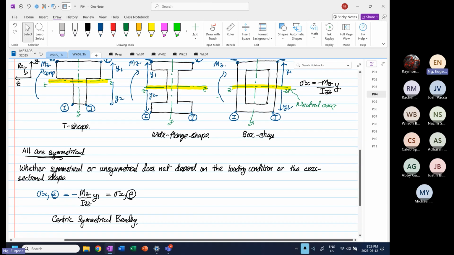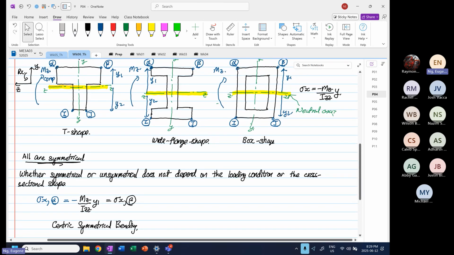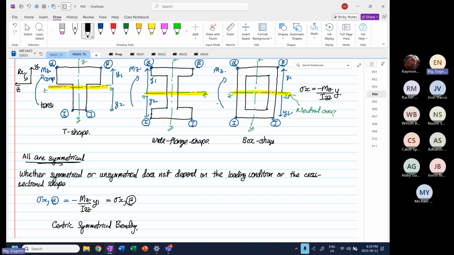Now if we look at I and J, we know that all of them are on the tensile side of the bending moment. So stress X at point I is equal to positive, because it's in tension, Mz over Izz multiplied by y2.